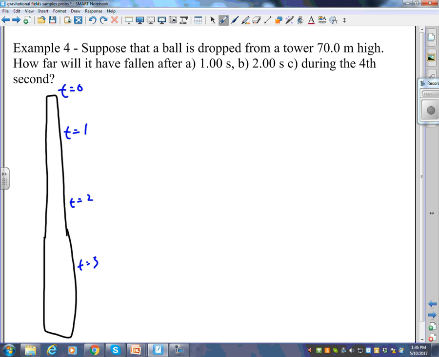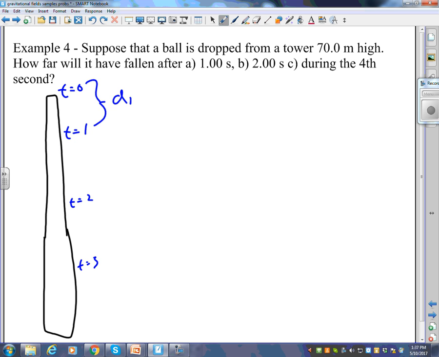How far will it have fallen after 1 second? So I'm really looking for that one there. But can we call that one D1, the displacement during the 1st second? And the 1st second is between 0 and 1, right? What do I know? I know the time is 1.